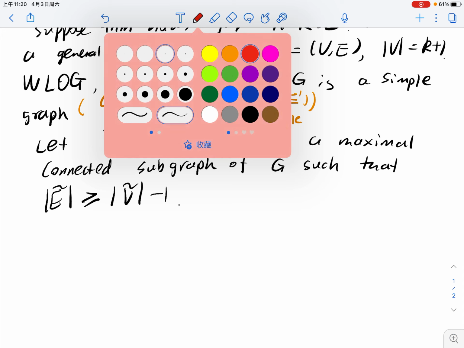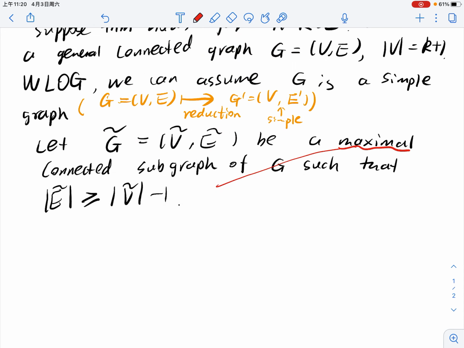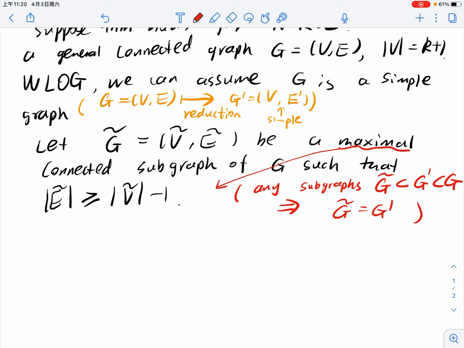So here, maximal means that this is a partial order: any subgraphs G theta contained in G prime contained in G implies that G theta is G prime.